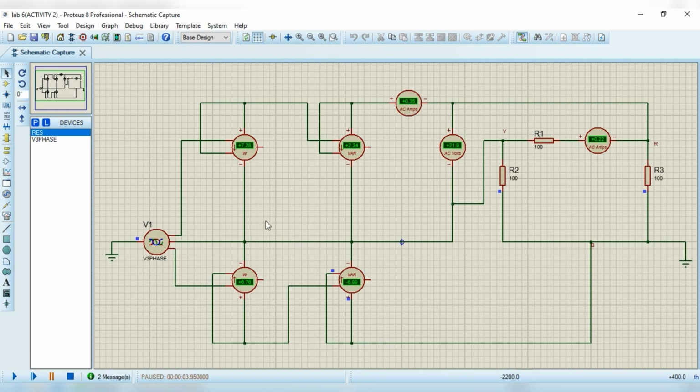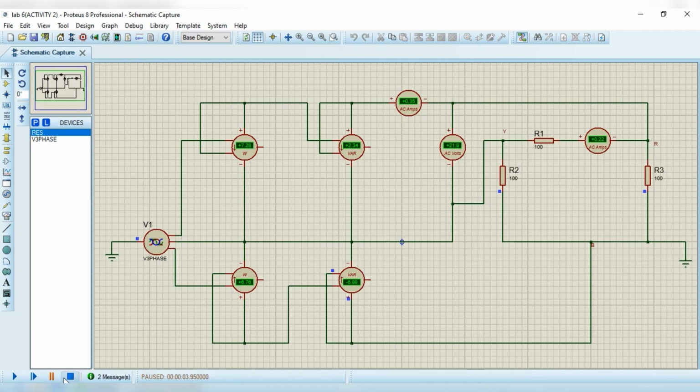And for the power, 7.28 plus 6.78, we get 14.06 watt, and for the VAR, 2.34 plus negative 6.99, and we get negative 4.65 VAR.